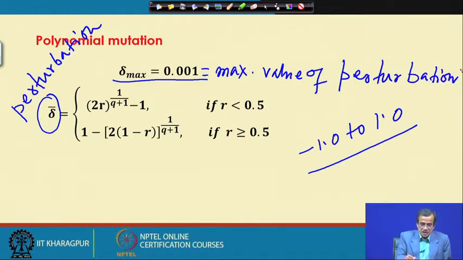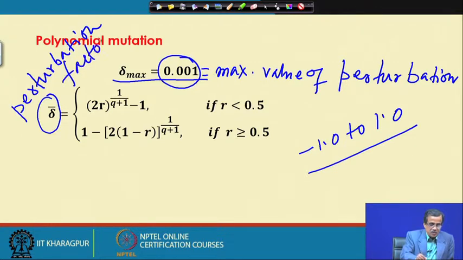Of course, this numerical value depends on the range of the variable. Supposing that for this problem I have decided delta max will be 0.001, then how to determine the perturbation factor and how to proceed with determining the mutated solution.